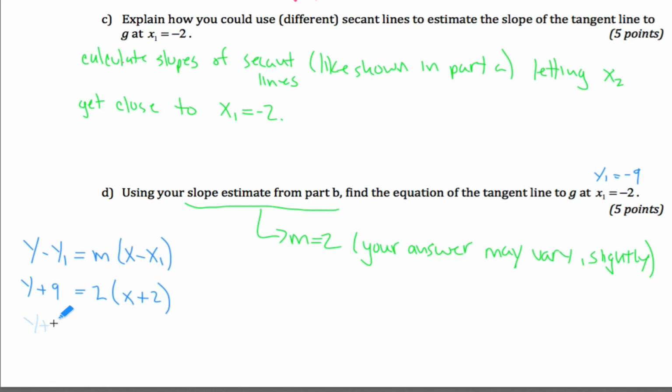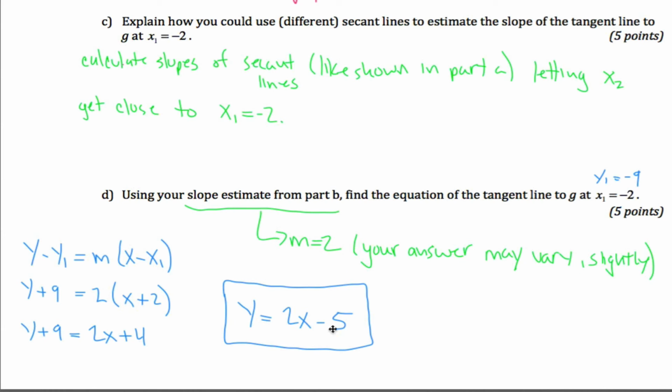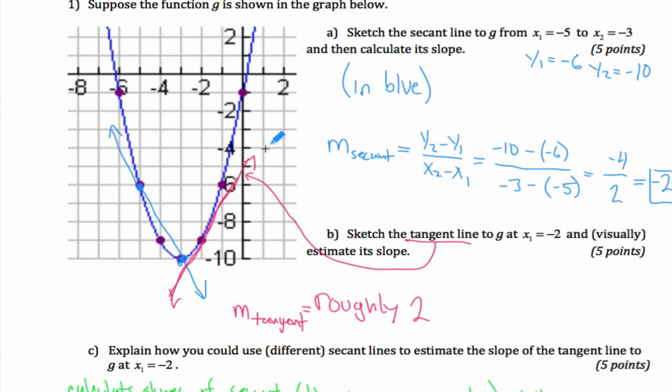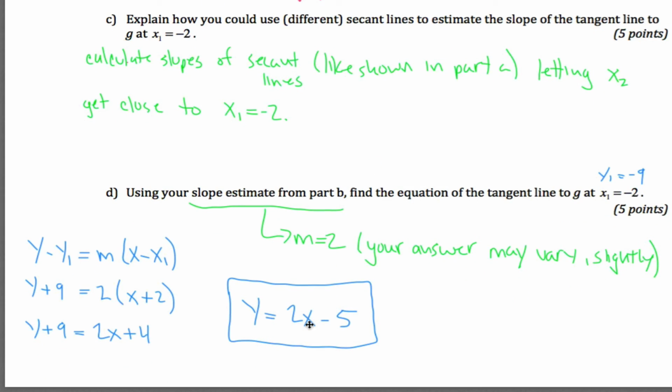So I got y plus 9 equals 2x plus 4, so therefore y is equal to, if I subtract 9 from both sides of this equation, 2x minus 5. You can check that and make sure that makes sense. 2x minus 5, so the y-intercept is -5. Yeah, that looks about right. My line in red right here, it looks like it crosses the y-axis right around -5. So you'd come up with something like that.